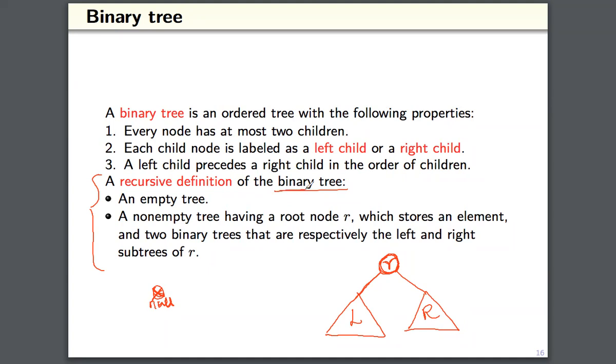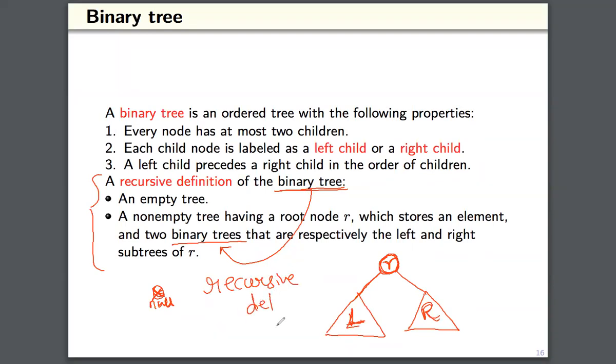See, you are defining binary tree in terms of binary trees, right? So this itself is a binary tree, this itself is a binary tree. So then how do you define L? L is either an empty node or another non-empty node with a left and right subtrees of its own, right? So this is a recursive definition.